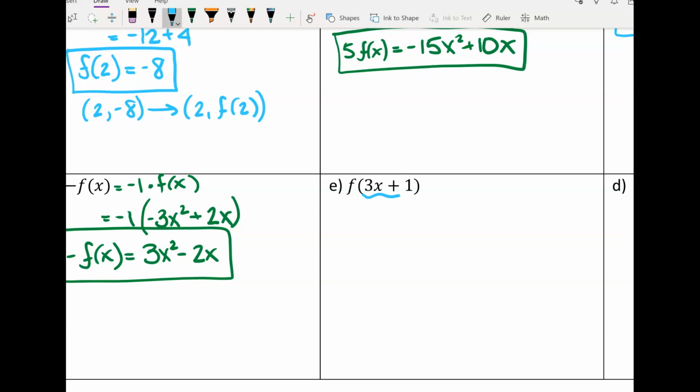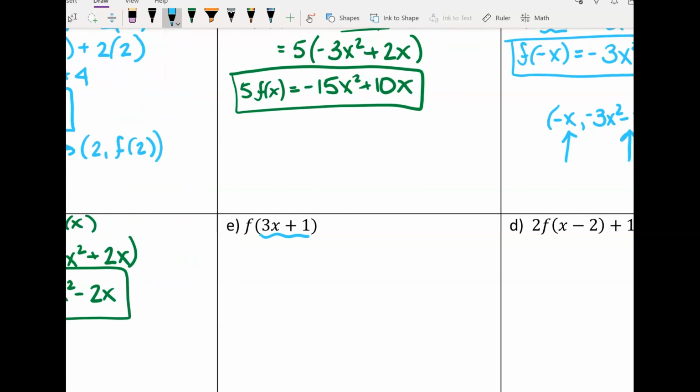Okay, so now we are being asked to take a binomial, an expression, and substitute it in for our x value, for our input. Okay, here we go. We have negative 3 times the quantity 3x plus 1 squared, plus 2 times the quantity 3x plus 1.